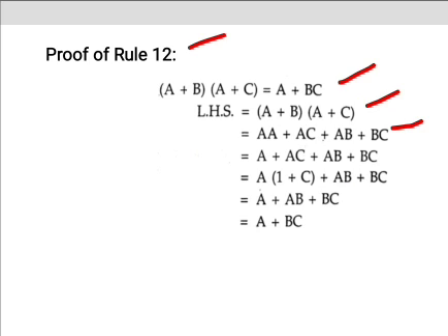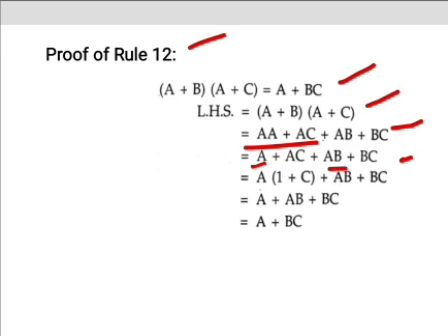So, A into A equals A. That means, you know the rule number 7, A into A equals A. So, A plus AC plus AB plus BC.